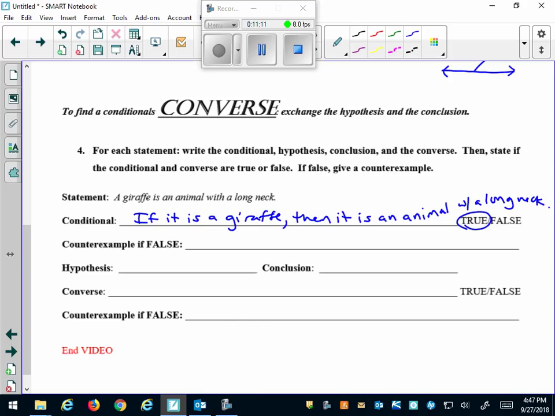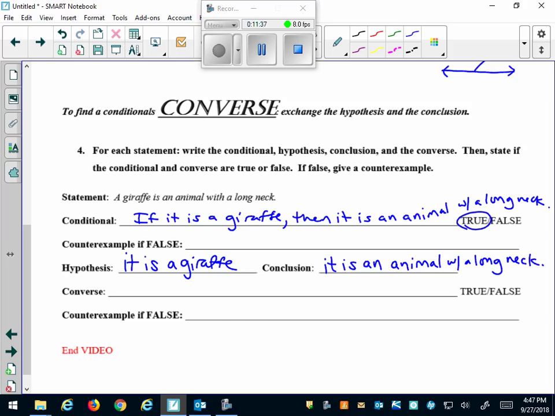It's true. Hypothesis: it is a giraffe. Conclusion: it is an animal with a long neck. Now remember, you don't include the word if or then when you're writing the hypothesis and conclusion.